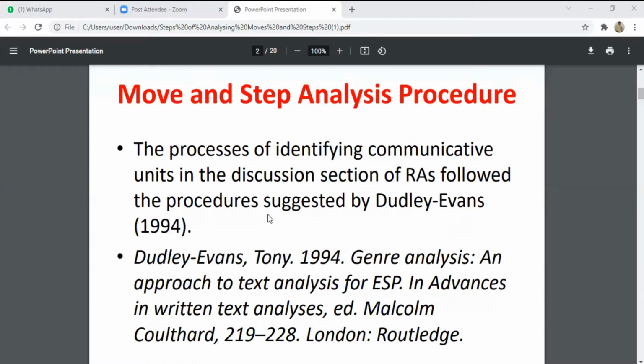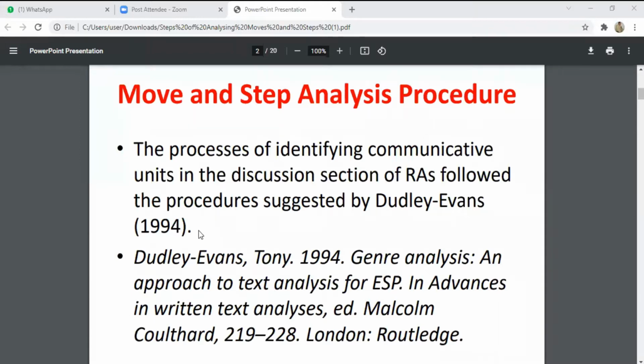We are going to look at the move and step, or the rhetorical structure, of a discussion section in research articles. Now, I followed the model suggested by Dudley Evans from 1994.